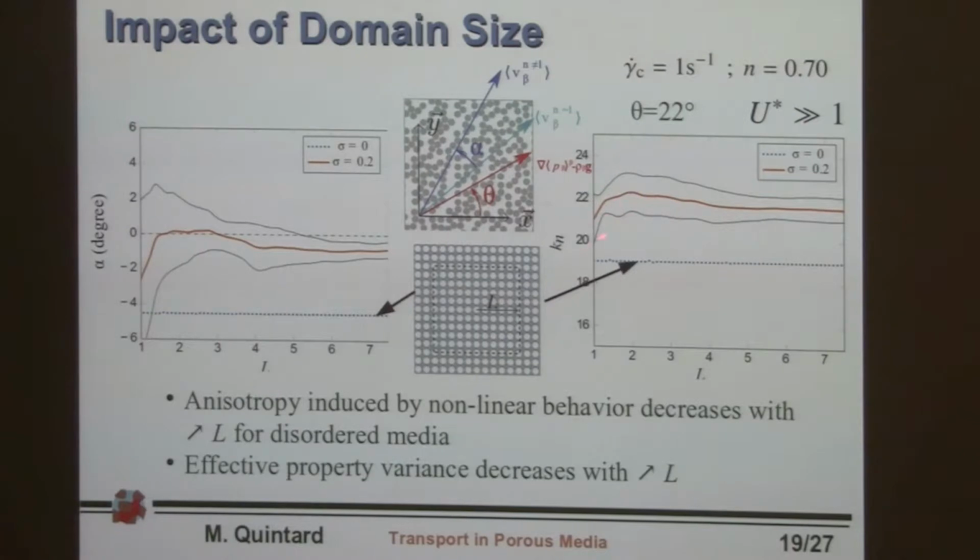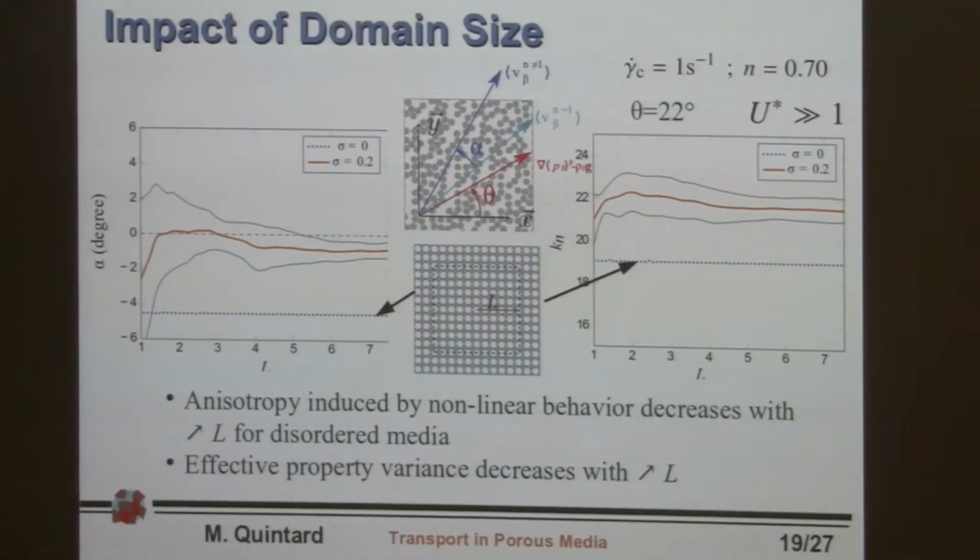This is the same for the nonlinear correction. Here I was looking at the rotation matrix, and now I'm looking at the nonlinear correction. The nonlinear correction is constant for the periodic array, and it goes like that for the disordered system. The value changes a little bit with the size, and then we get some sort of a plateau with a variance.